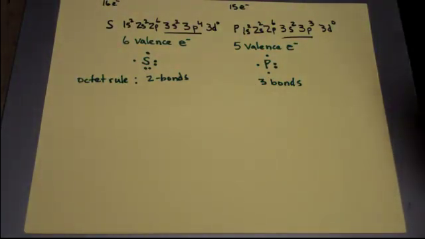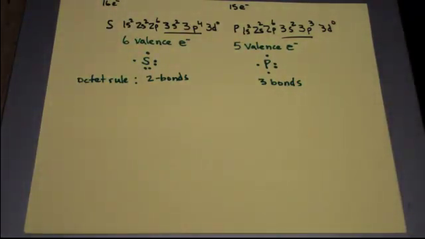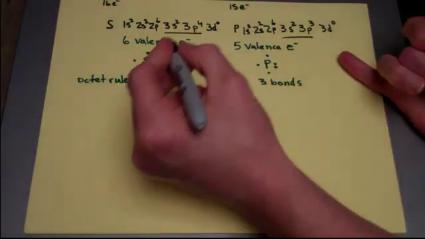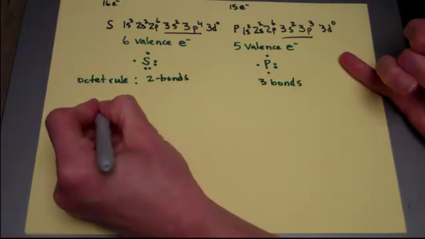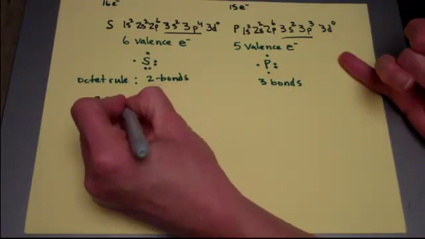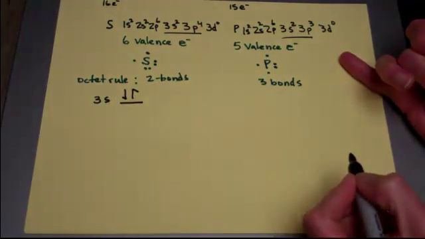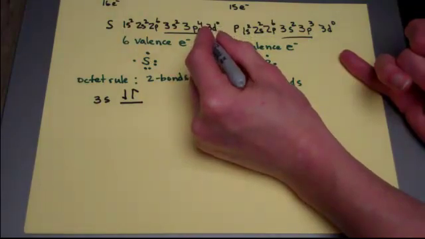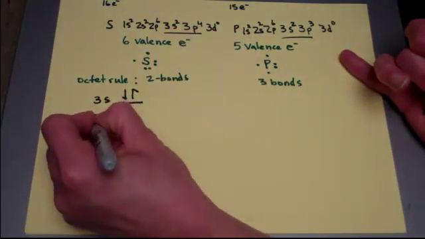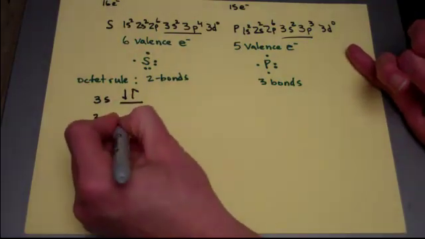However, the d orbitals are just sitting there empty. If we draw out our electron configuration a bit more, our 3s subshell has 2 electrons in it with opposite spin, and then the p subshell has 4 electrons in it. How many orbitals does the p subshell have? Hopefully you said 3.